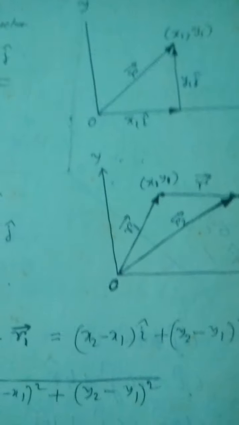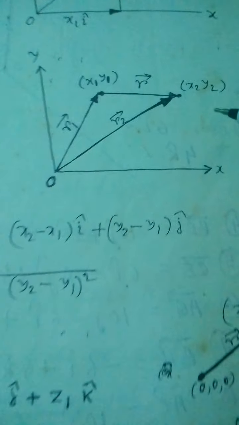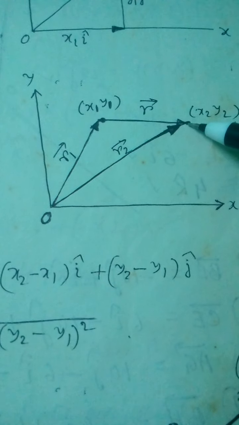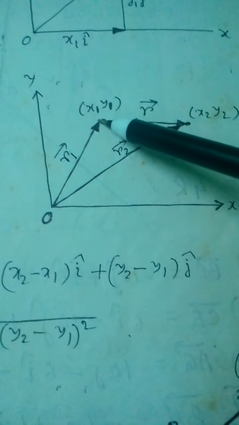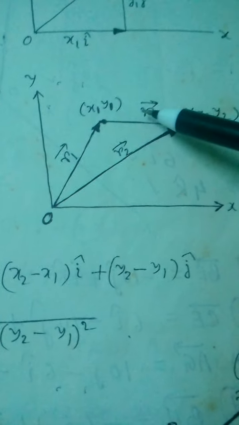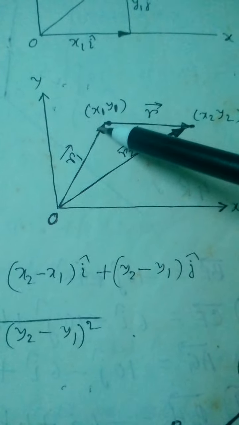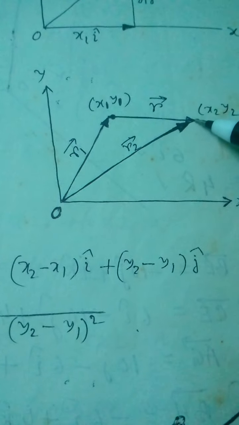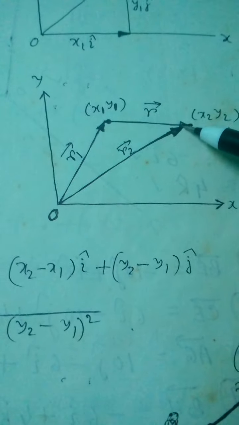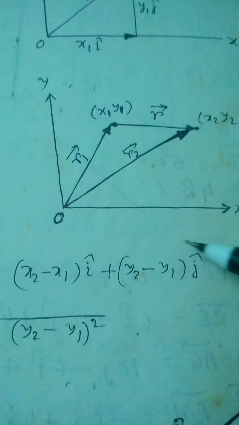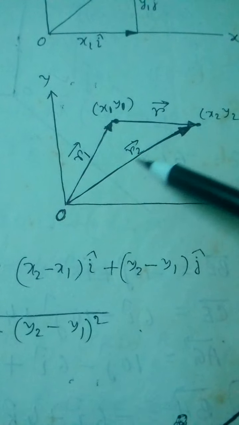Okay. Now here, if there are 2 points, here is one point, another is another point. The coordinate of this one is x1 y1, coordinate of this one is x2 y2, and this is the R vector. Please note down that this vector is from here to here. The arrowhead is here. So we can say what is this one.